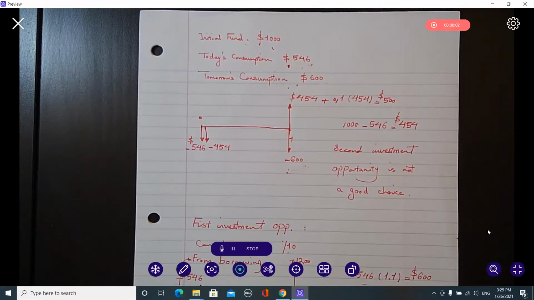Hi everyone. So I'm going to explain an example that shows how lack of access to financial markets can prevent individuals from investing in positive NPV projects.